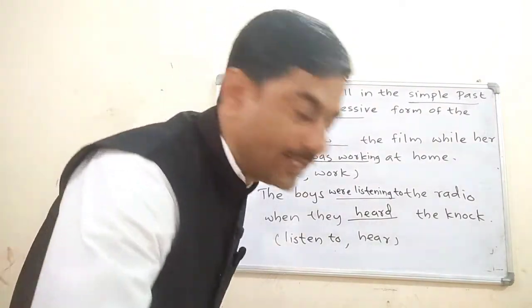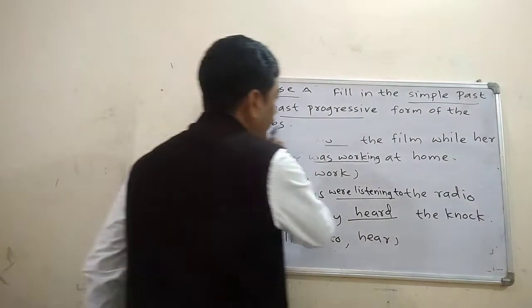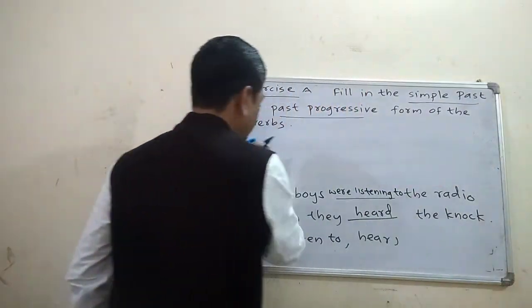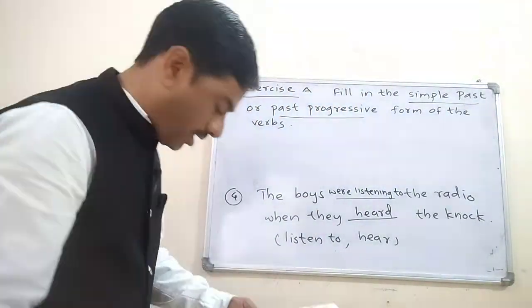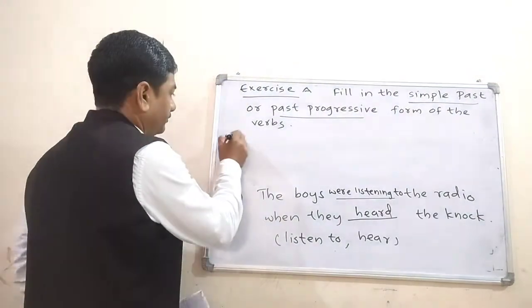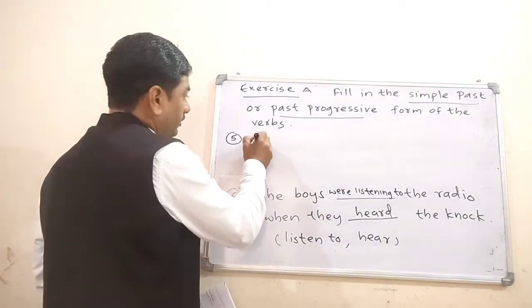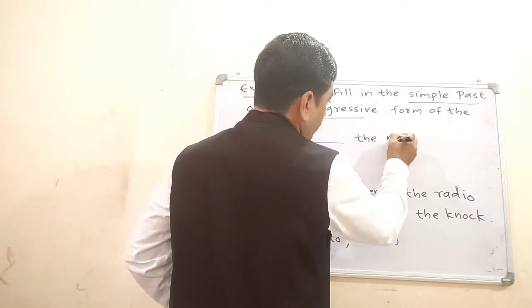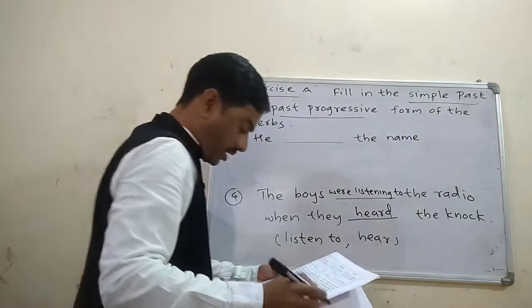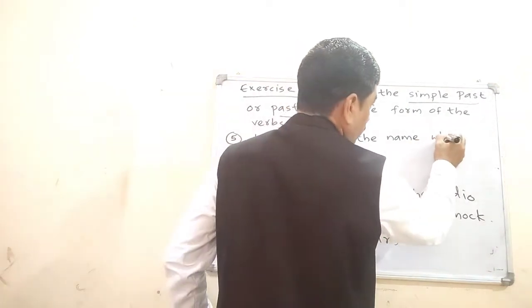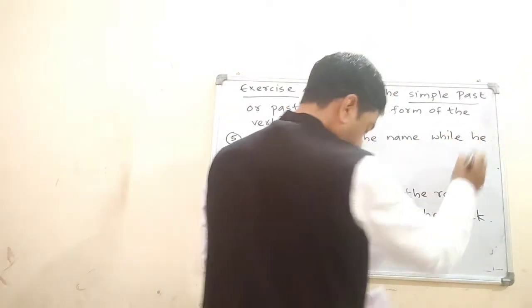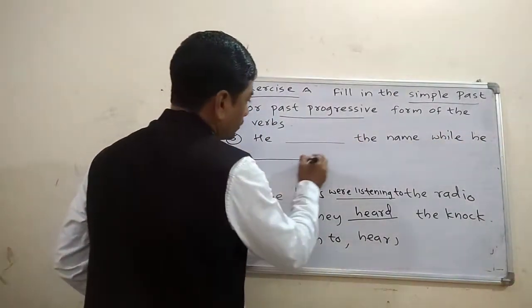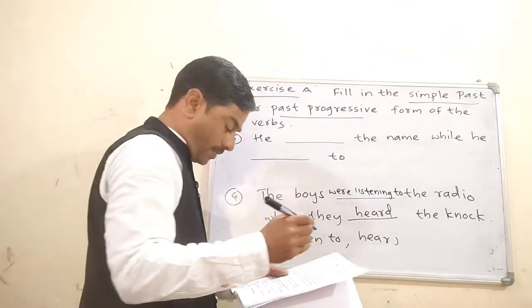There is one more sentence that we'll study. Fifth one. He ___ the name while he ___ to the man.